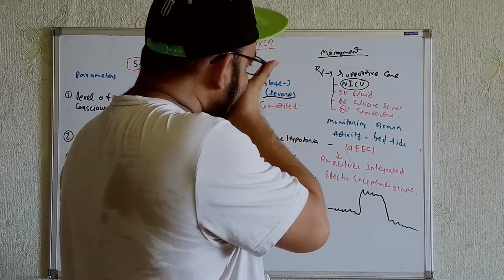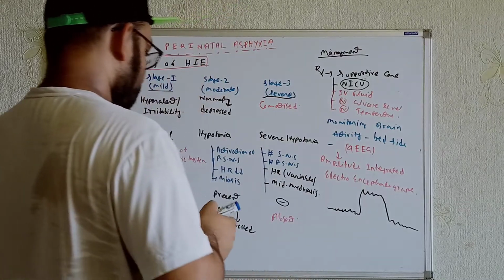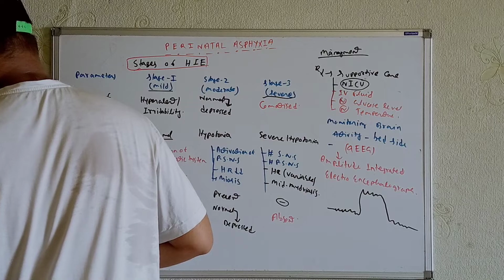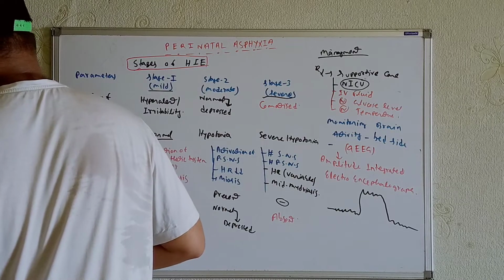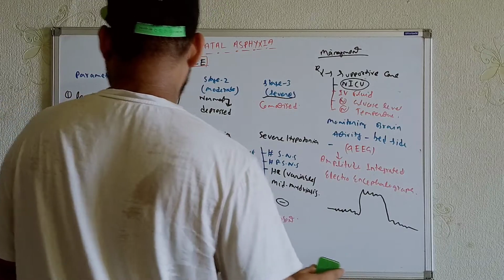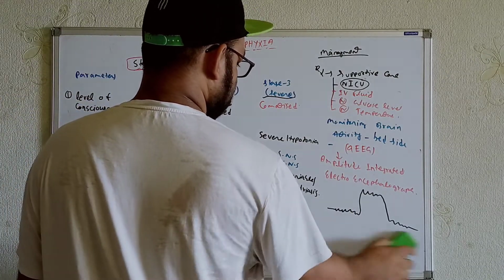Now what drug can we use if we get any type of seizure symptoms over here? What types of drugs can we use, what do you think? Okay, let's write it over here.